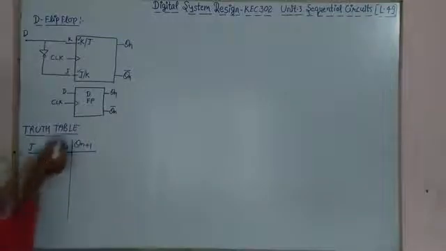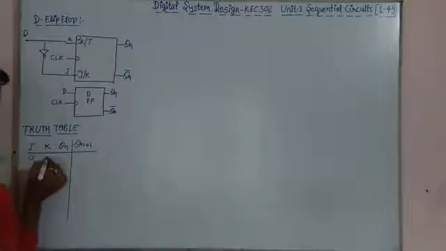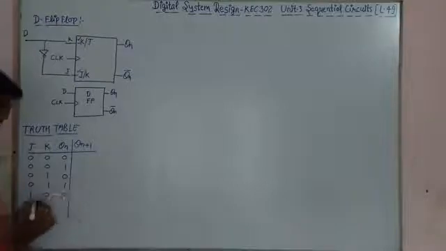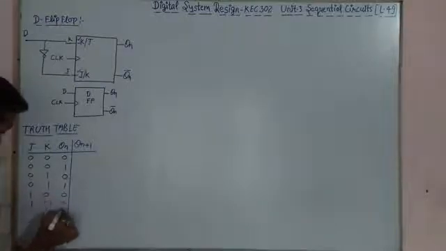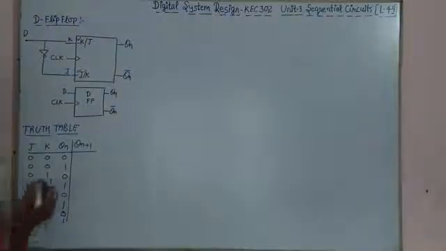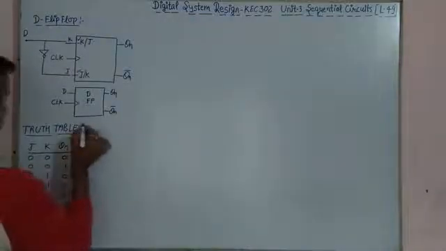So here there are three variables, and according to these three variables you will have 8 combinations. Okay, so this is for JK flip-flop.